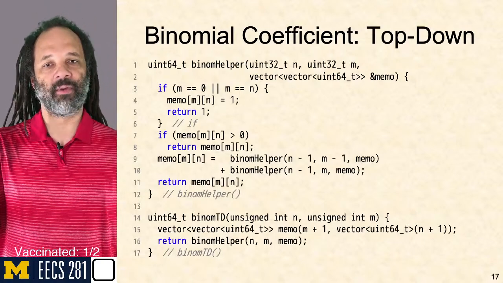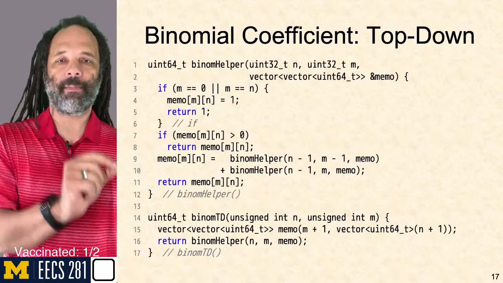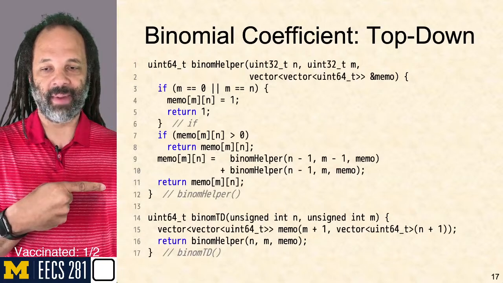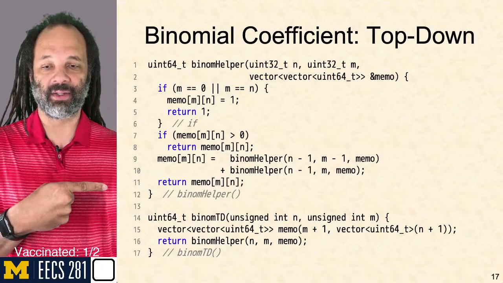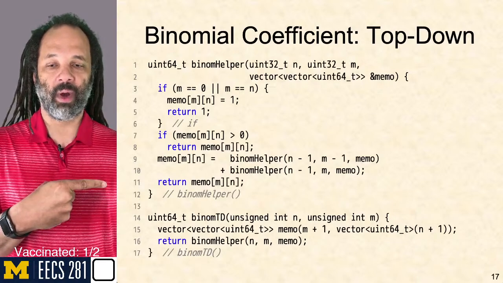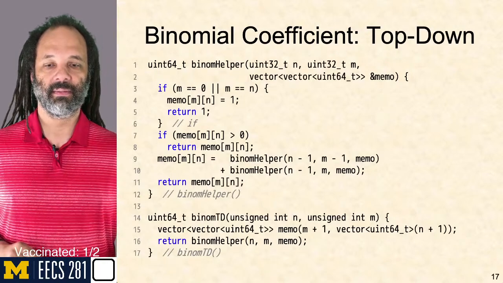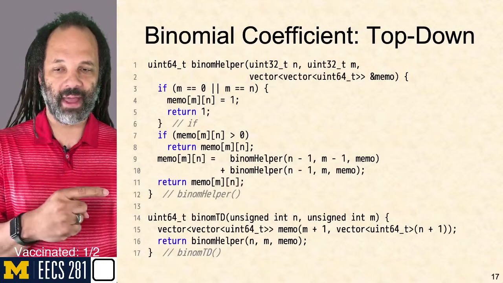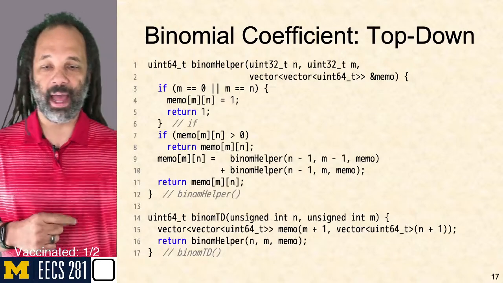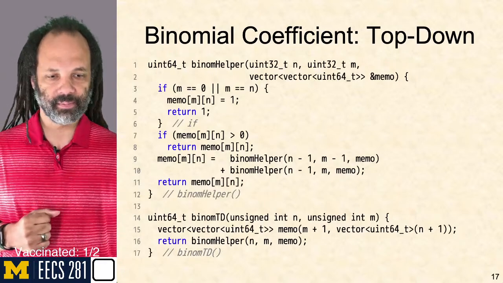Right? So this lets me go from 0 up to m and 0 up to n. That's very important because the very last line of my helper function, which gives me the final answer, is a return of memo square brackets m, memo square brackets n. That returns it. So if I couldn't square brackets at that location, I would have a problem here. This is why the plus 1 in this declaration in line 15.